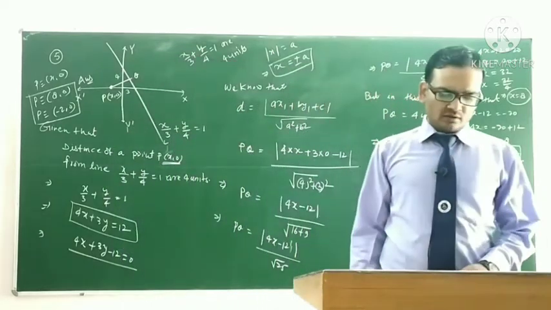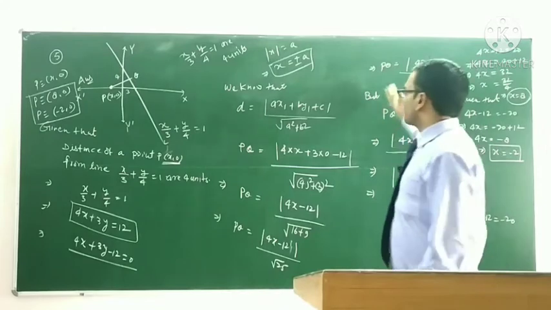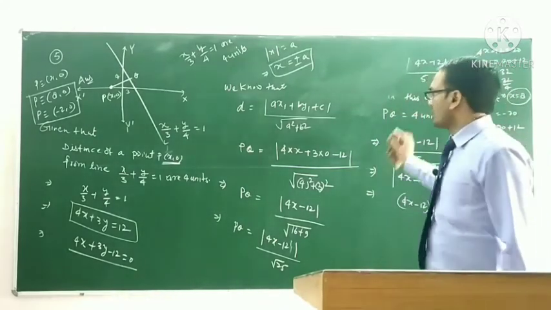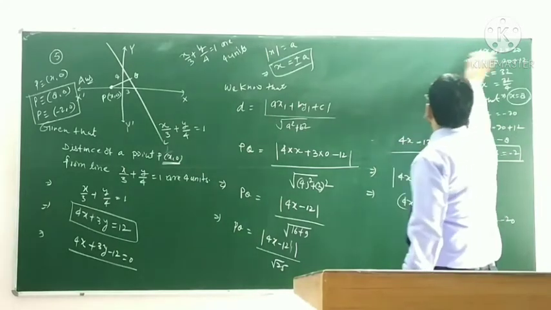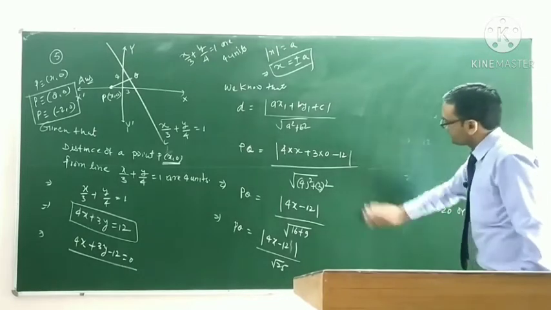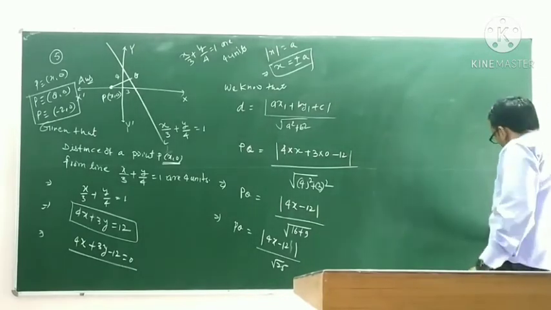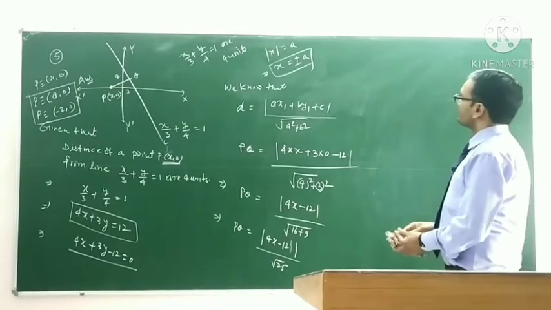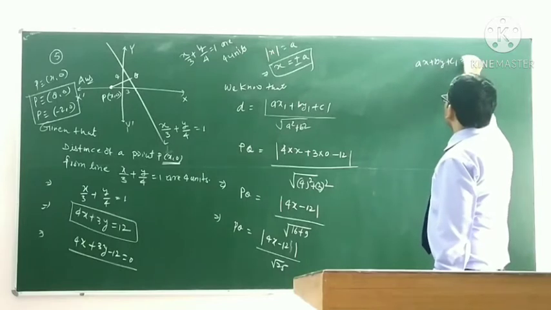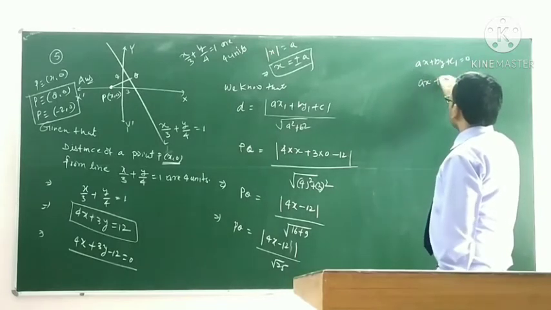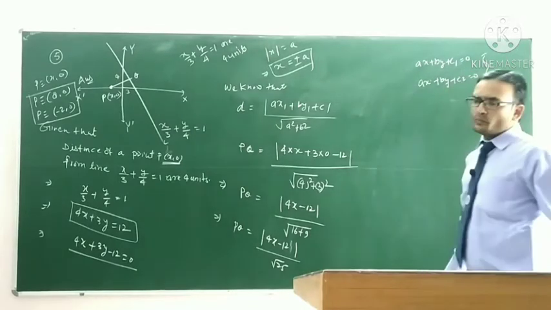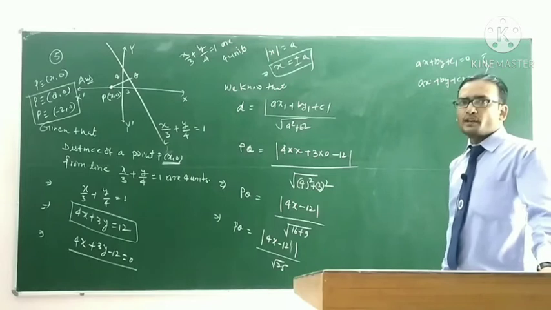6. Find the distance between two parallel lines. Okay, students, we have already discussed in a previous lecture that ax plus by plus c1 equal to 0 and ax plus by plus c2 equal to 0 are two parallel lines.